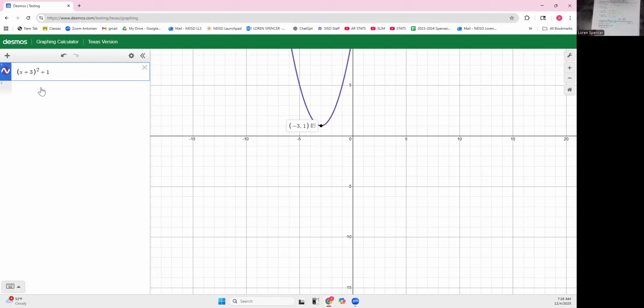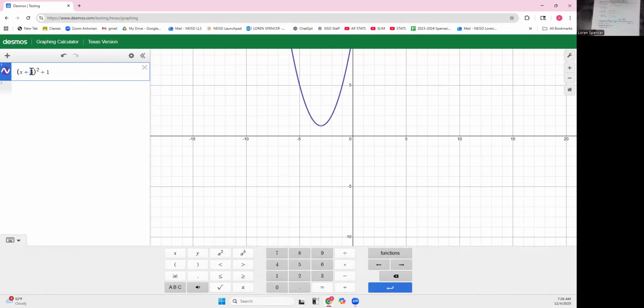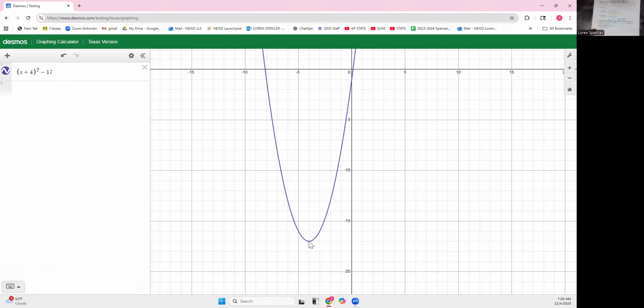And it's x plus 4 squared minus, and it's like, no, my low value is way down here at -17. Y is greater than -17.